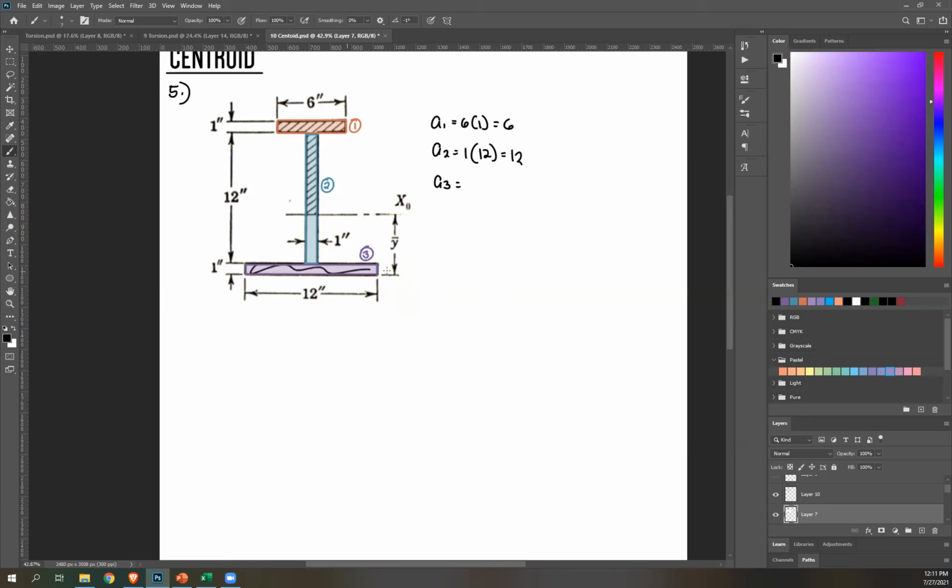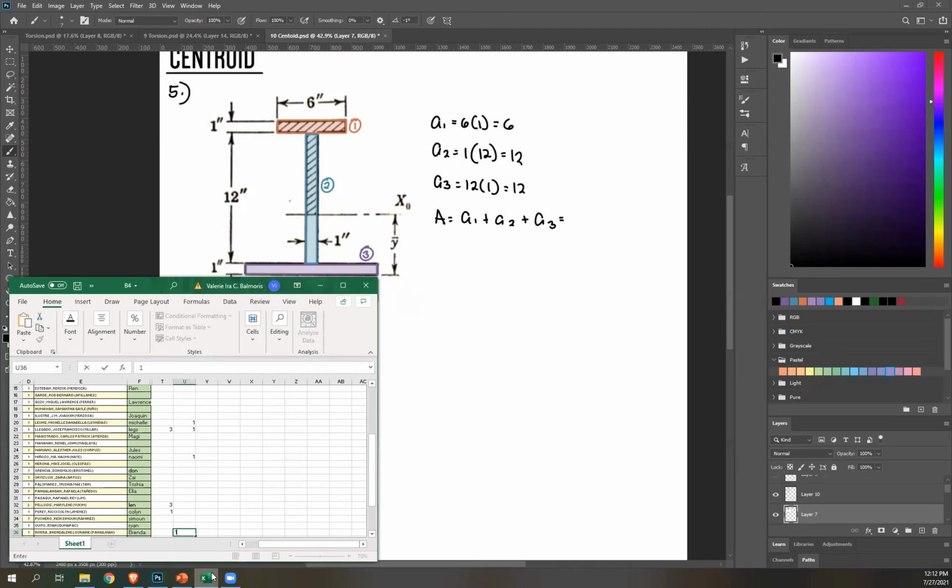Again, base times height, since this is just another rectangle. Base is given 12. Height is this, which is 1. So this is also 12. And then getting the total area, that's just A1 plus A2 plus A3. What's the answer? Correct.